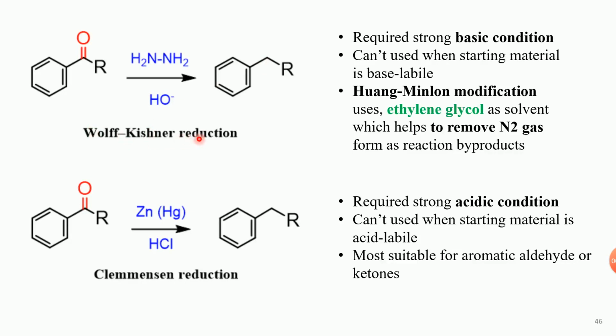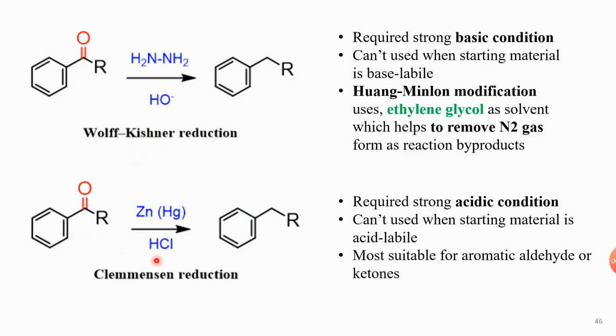In Wolff-Kishner reduction, ketone or aldehyde is reacted with hydrazine in strongly basic condition, which is provided by KOH, and the product formed is an alkane or hydrocarbon. In Clemmensen reduction, aldehyde or ketone is reacted with zinc amalgam in strongly acidic condition, which is provided by concentrated HCl, and the product formed is an alkane or hydrocarbon.